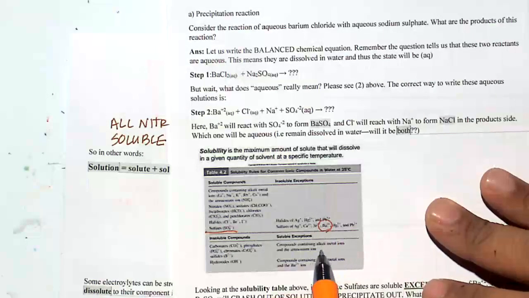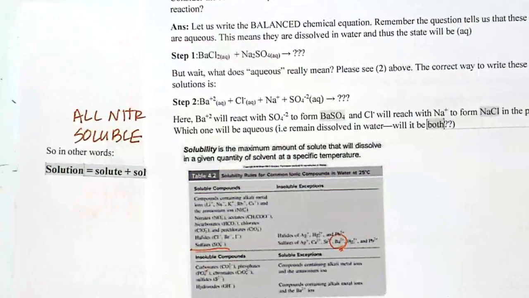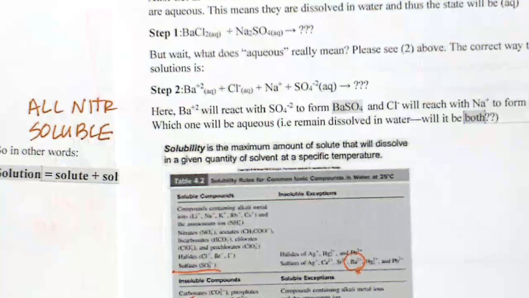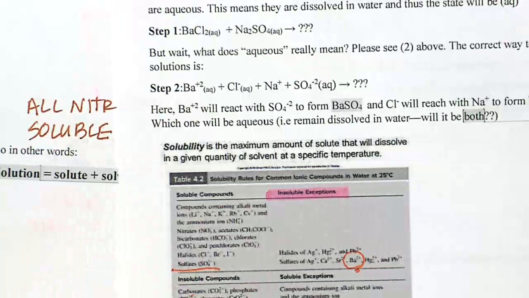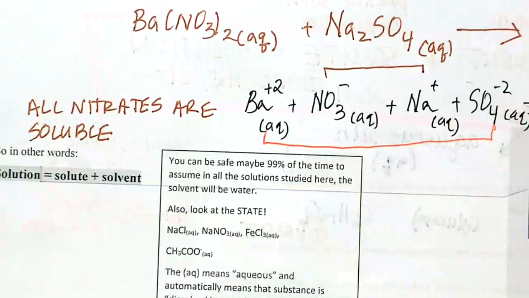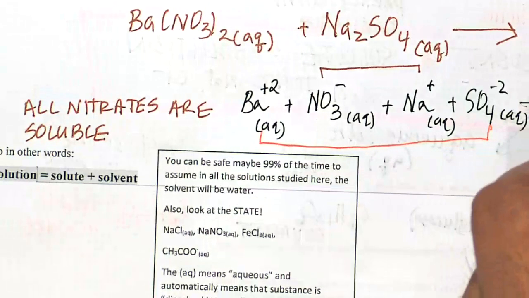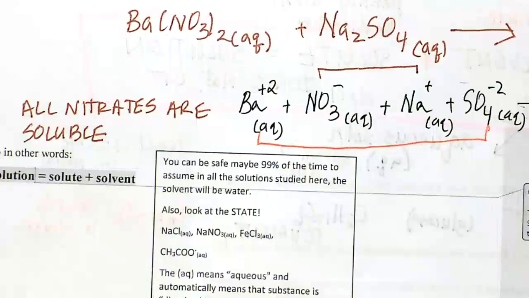In the solubility table, you'll find that barium sulfate is insoluble. So what is the identity of this? This is barium sulfate, and what is its state? Solid, liquid, or aqueous?